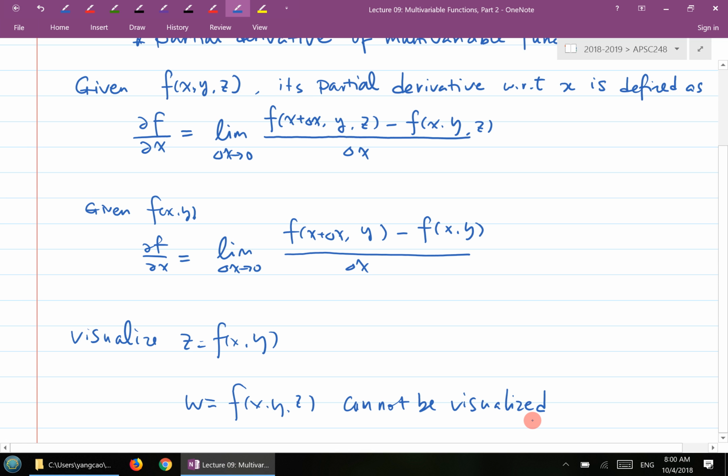Now, there are different ways to visualize a function.